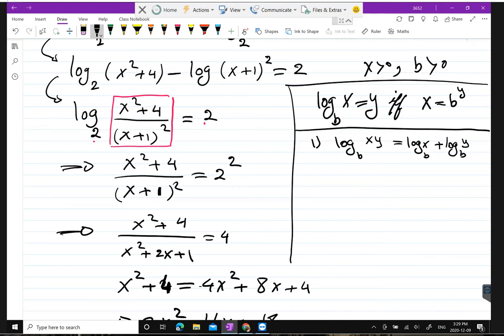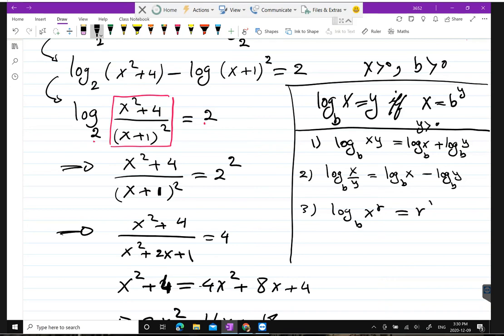Of course, x is positive from the beginning, b is positive, and now y is also positive. Number 2: the logarithm of x over y base b is the same as the logarithm of x base b minus the logarithm of y base b. Number 3: the logarithm of x to the power of r base b is equal to r times the logarithm of x base b.